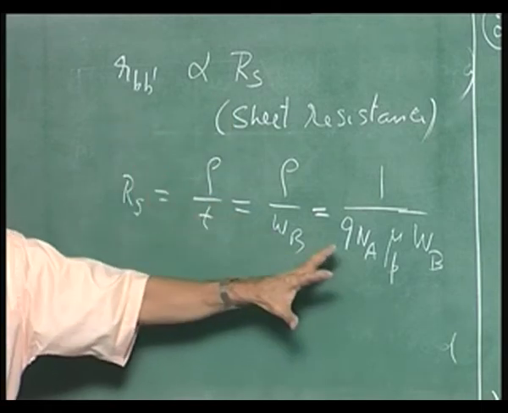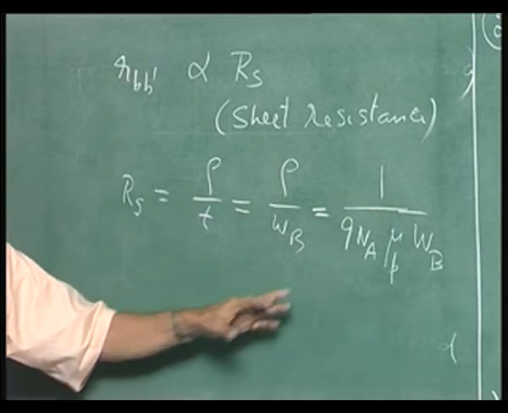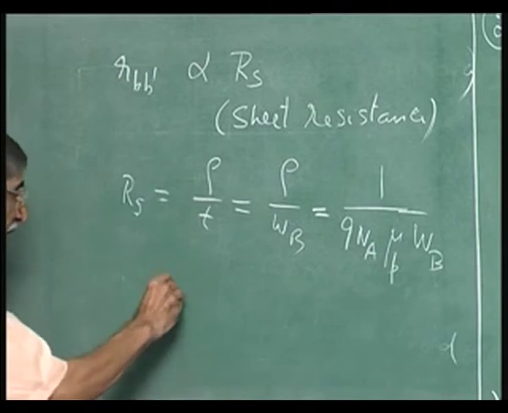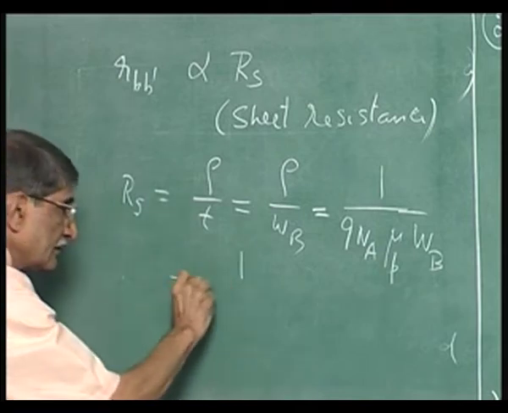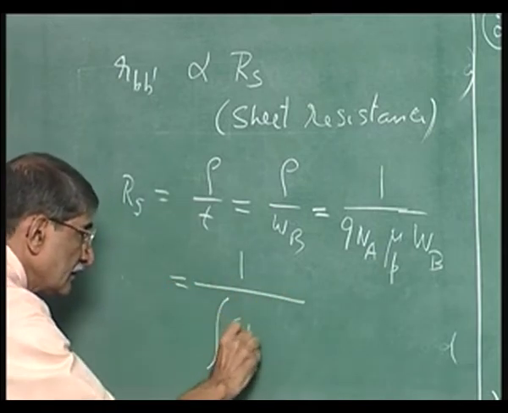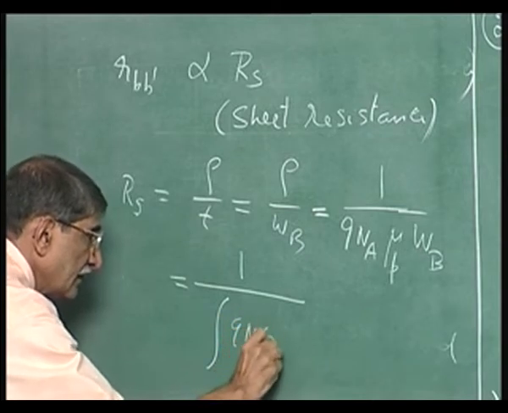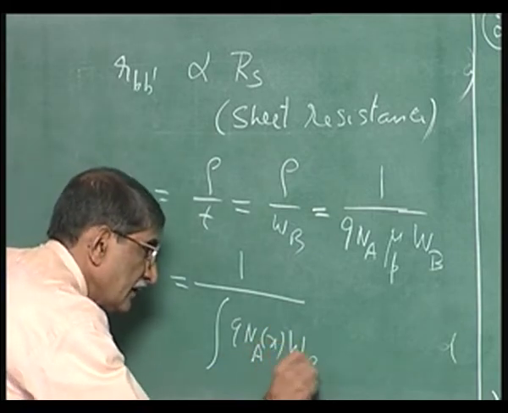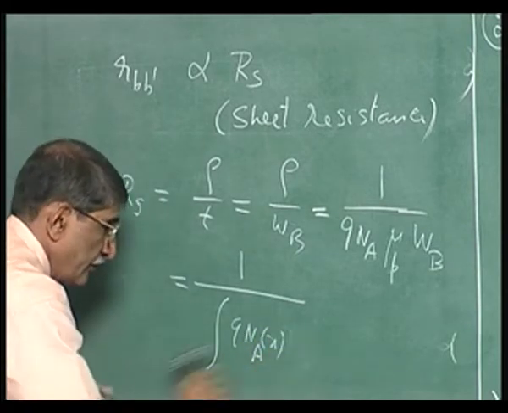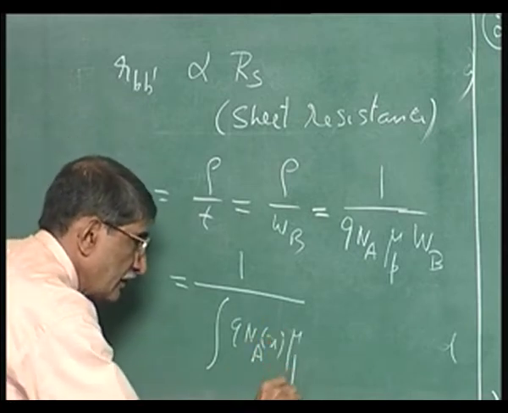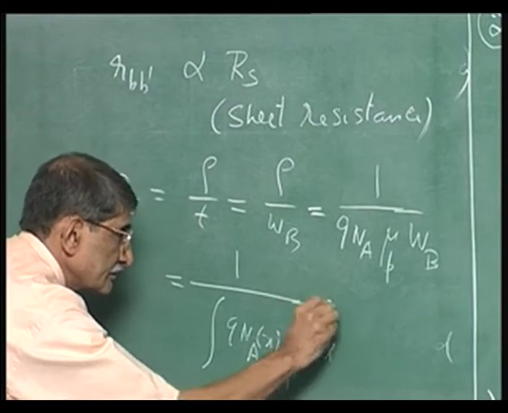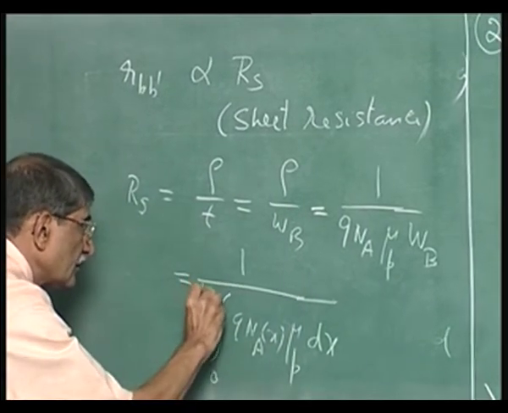So, why I put this particular expression is, what matters is the product of NA and WB. So, you can also put it in general as the integral of q N A of x, it may be non-uniformly doped, times mu p for a p type layer, into d of x, integrated from 0 to WB.